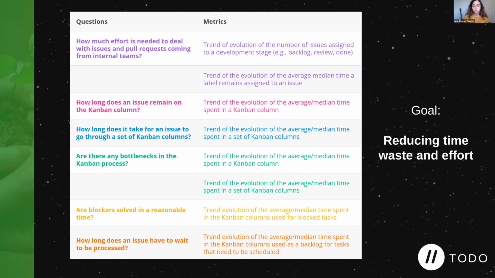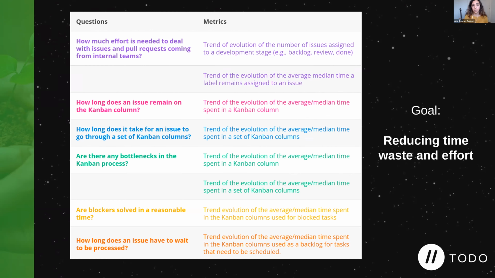Another question we can have is how long does an issue remain in a Kanban column? To measure that, we can have a metric that is the trend evolution of the average or median time spent in a Kanban column. How long does it take for an issue to go through a set of Kanban columns?